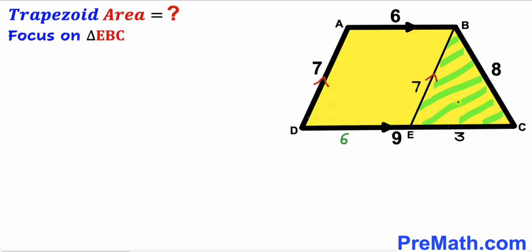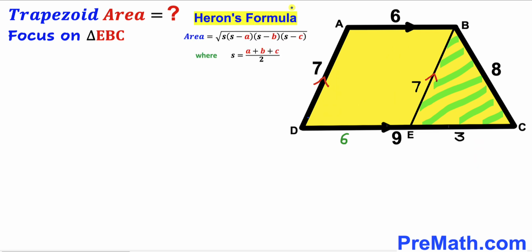Now let's focus on this triangle EBC, whose side lengths are 3, 7 and 8. Now we are going to find the area of this triangle EBC. So we are going to use Heron's formula, as you can see over here.